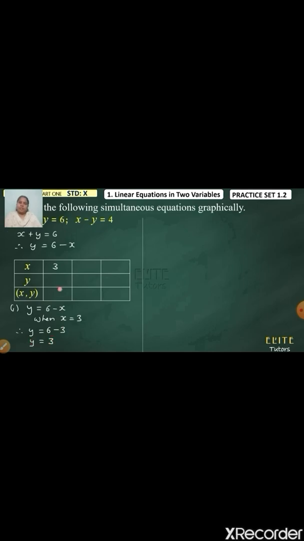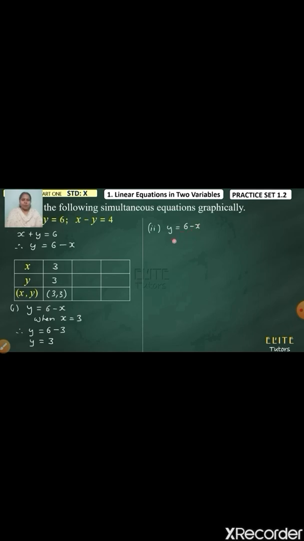Let us take the second value of x. I hope you are also writing and solving it along with me. The second value in the table can be taken as x is equal to 4. Suppose I take it as 4. What will happen with the value of y? Let me work it out. The equation is y is equal to 6 minus x. Let us assume x is equal to 4.